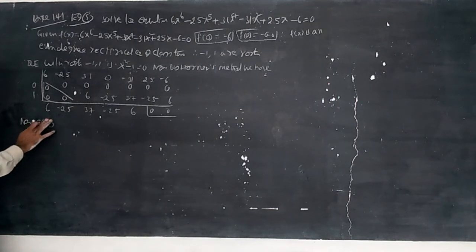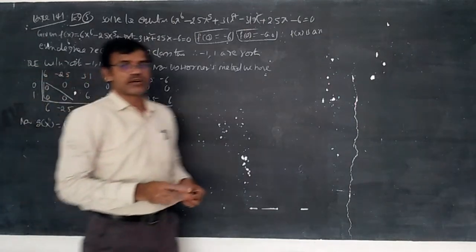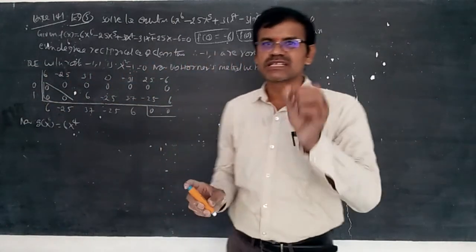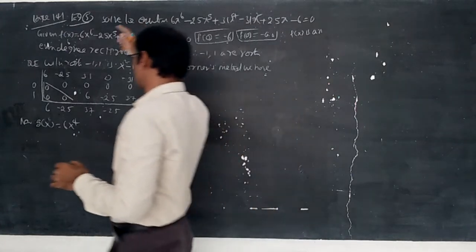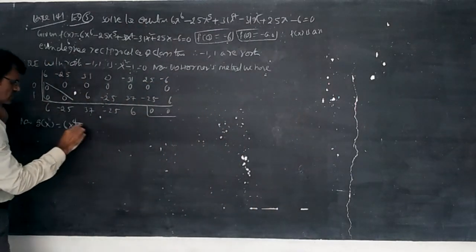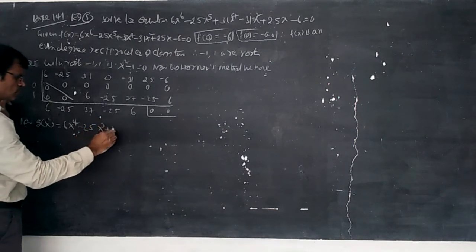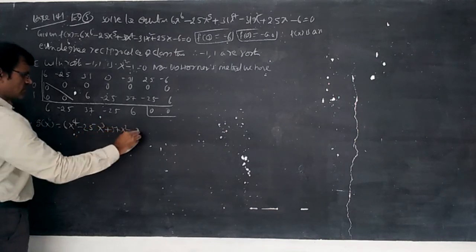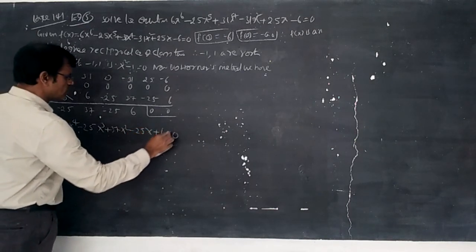Now you can write g of x. Students, this is g of x. G of x is equal to 6x power 4 minus 25x cube plus 37x square minus 25x plus 6 equal to 0, because you are dividing the x power 6 term by x square.